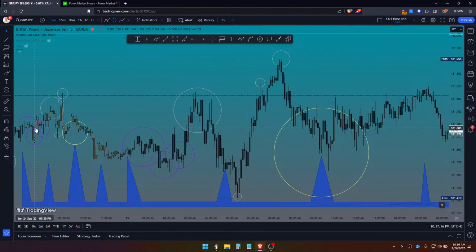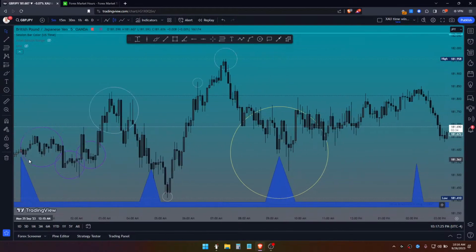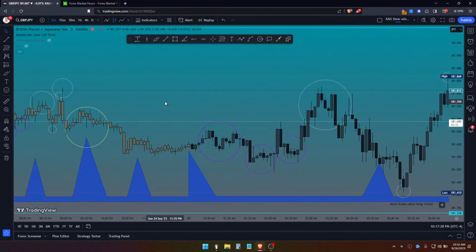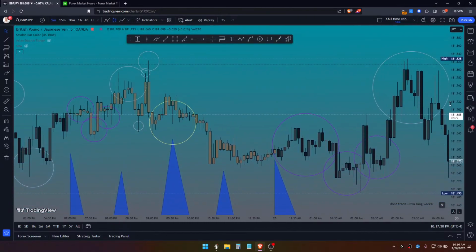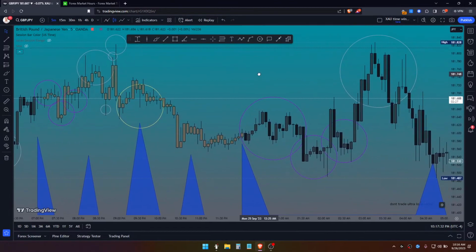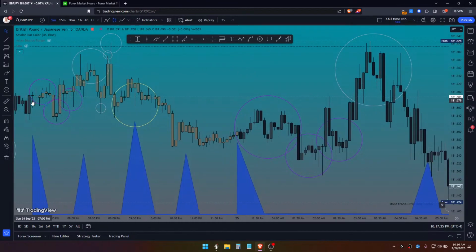We'll just take these first purple circles here. A move up starting the day, a little bit of a move up, followed by a drop down and a big move up, drop down, big move up.